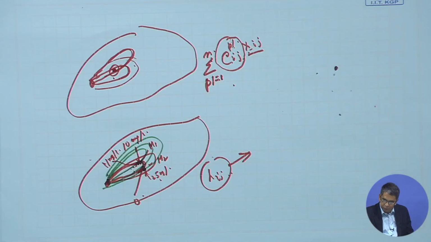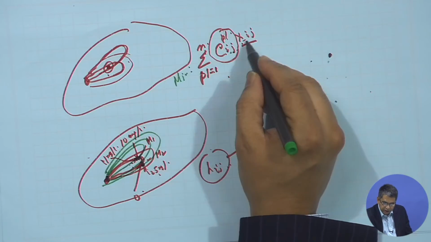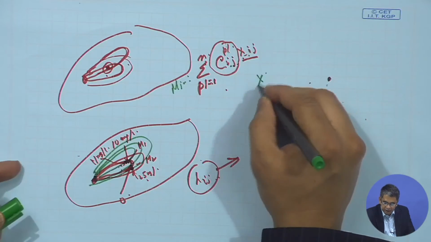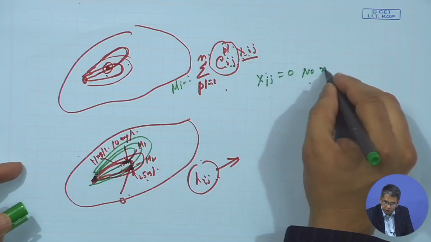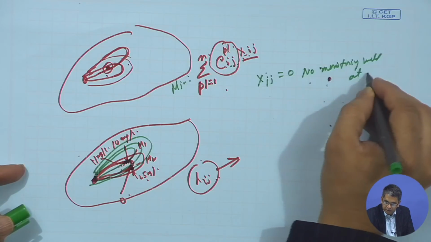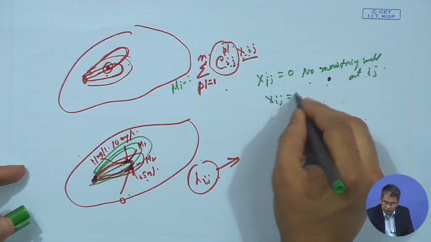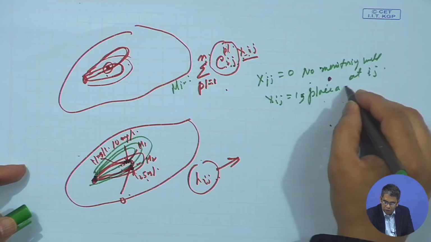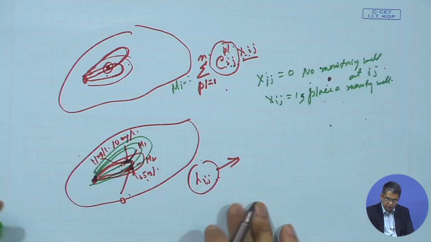okay, so therefore I can minimize this quantity Cij into Xij. Xij is a decision variable which is a 0, 1 decision variable. Xij equal to 0 means no monitoring well at location Ij, whatever is Ij, this particular value, and Xij equal to 1 means you actually place a monitoring well at that position.